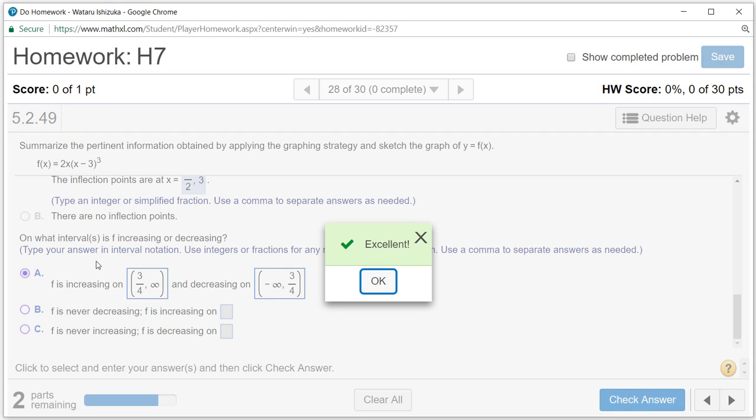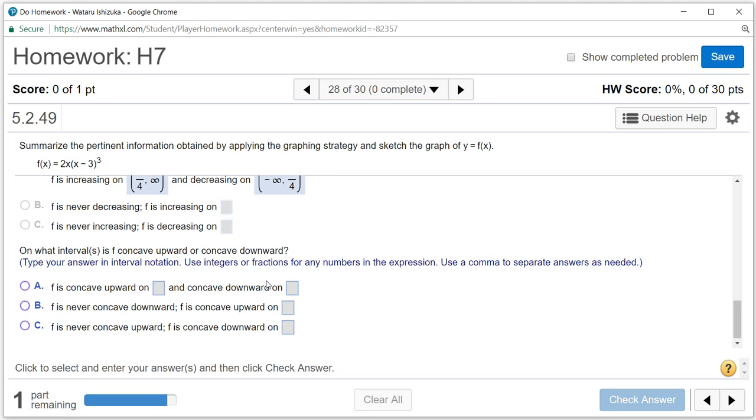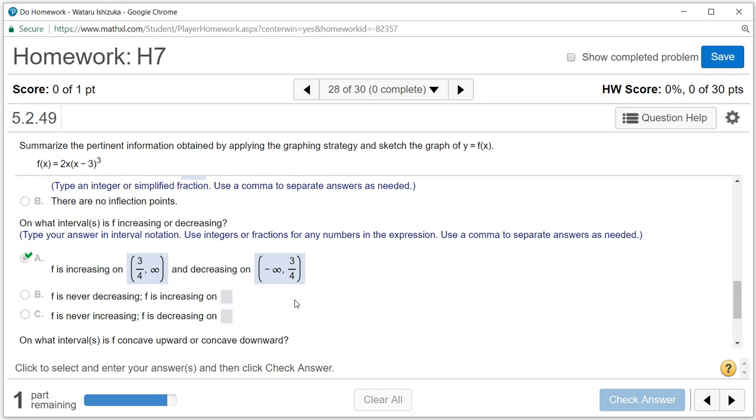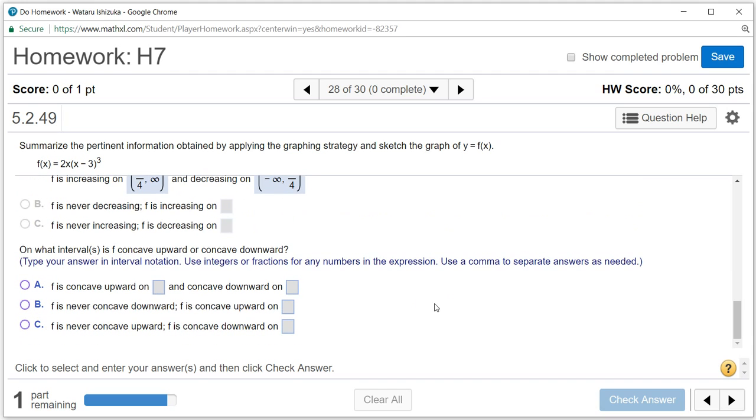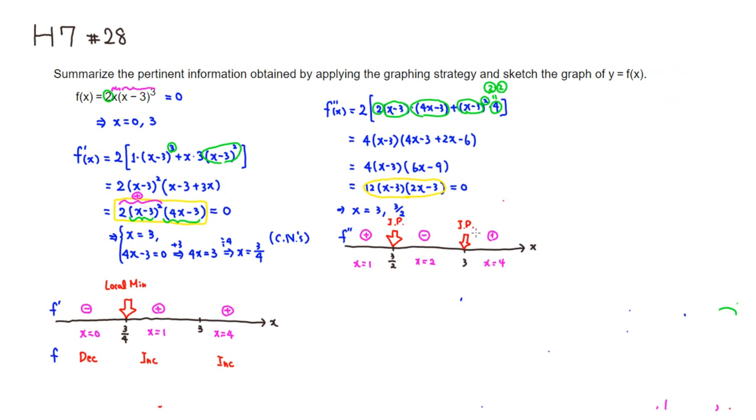Let's see, maybe say increasing on what intervals. You can include 3/4, but I guess this system doesn't like that, so let's put the open intervals there. And on what interval is f concave upward and downward? Let's go back and look at the second derivative.